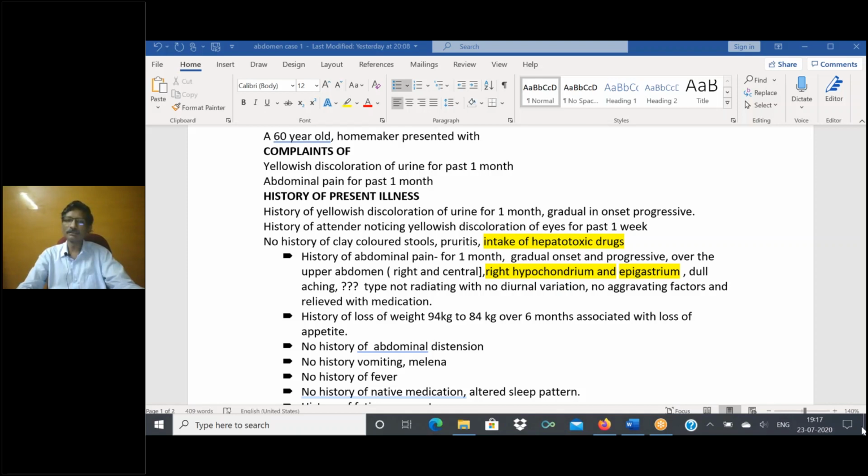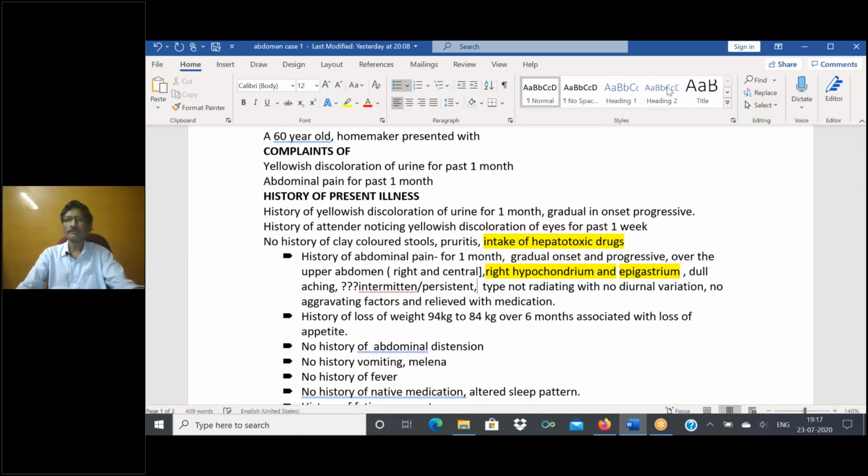Was it an intermittent pain or a continuous pain? If you don't remember, I'll just put it as a question and we'll move on. Not sure. Okay. So remember that. After the dull aching, you have to tell whether it is intermittent or persistent or continuous. Whichever word you want, you can use.